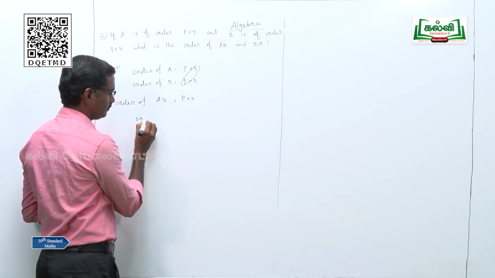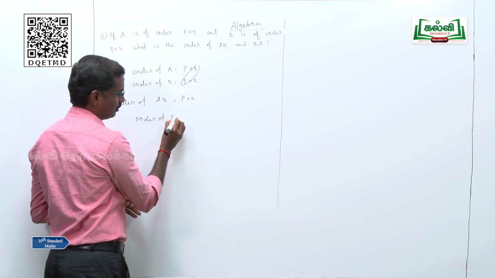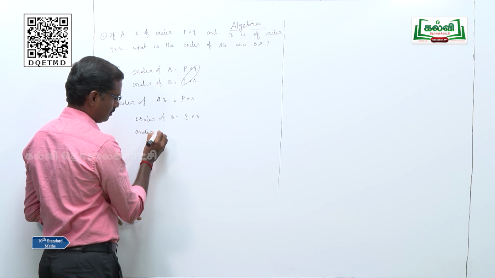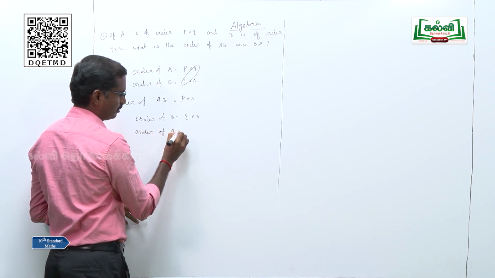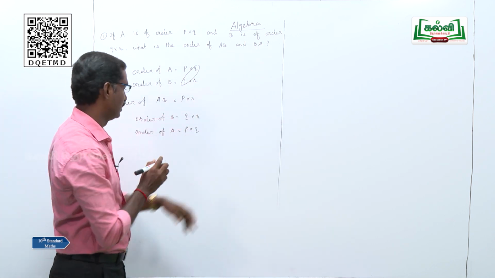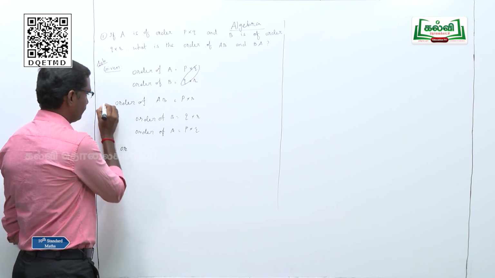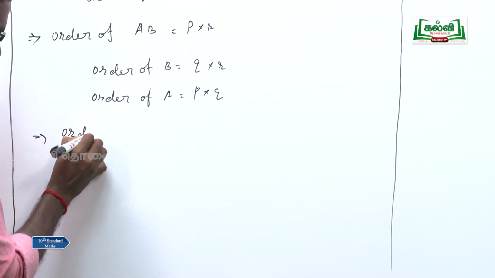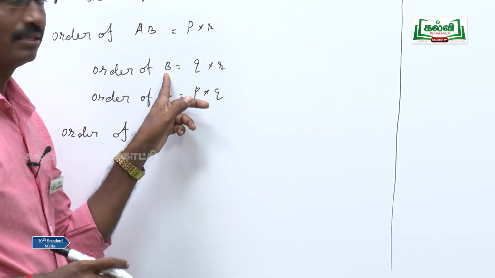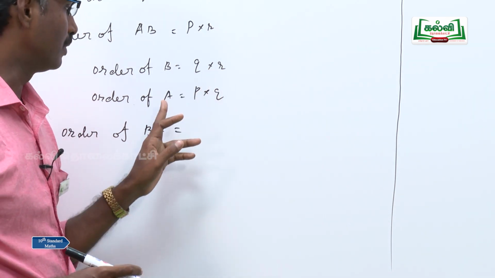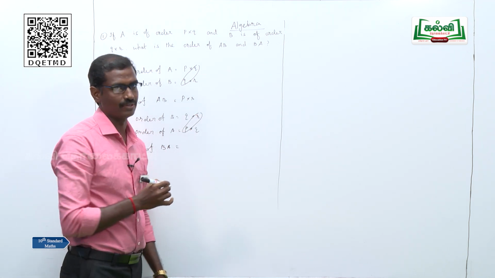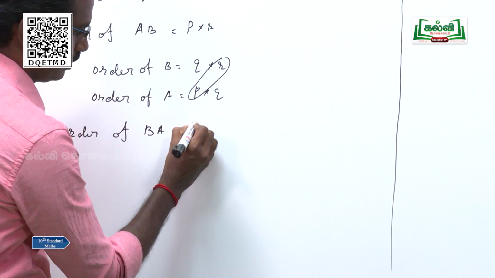Next, order of B is Q by R and order of A is P by Q. Our requirement is the order of BA. In the B matrix the number of columns is R and in the second matrix the number of rows is P. Both are different values, so we cannot find the order of BA, so not possible.